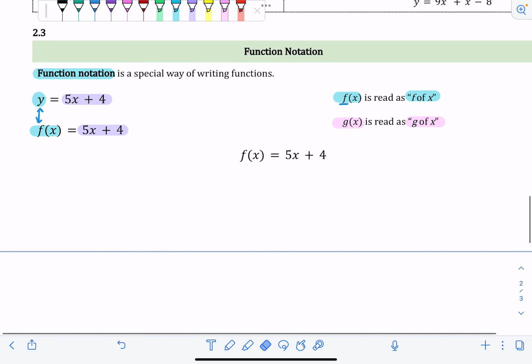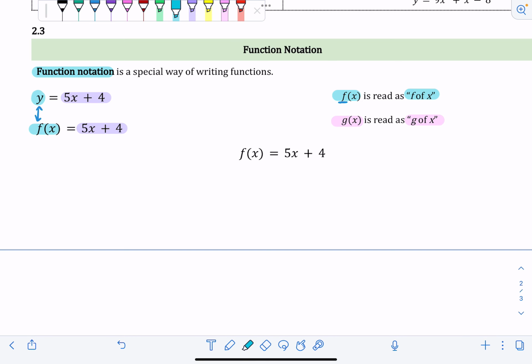Okay, so I'm going to go through this last little part and label what each part is here of f of x equals 5x plus 4. I would write that kind of big on your paper because we're going to go through each little section, so you may want to have enough room. It doesn't have to be massive. So the f, just the f, is the name.